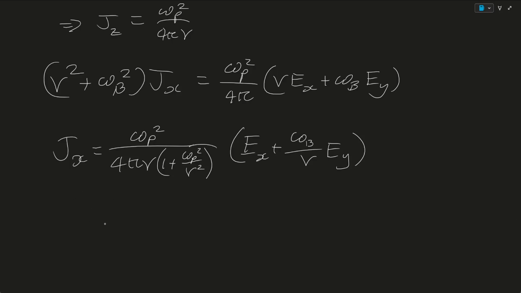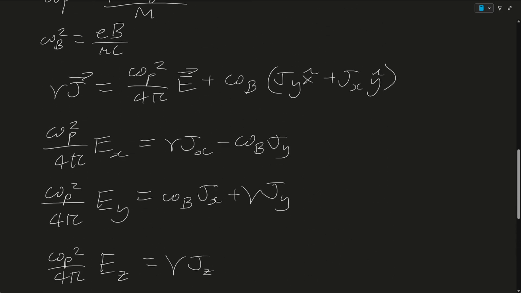And we can do the same thing, but this time eliminate jx. By symmetry, the only difference is that this coefficient will be negative, so I'm just going to write that in because it's not very confusing where that comes from.